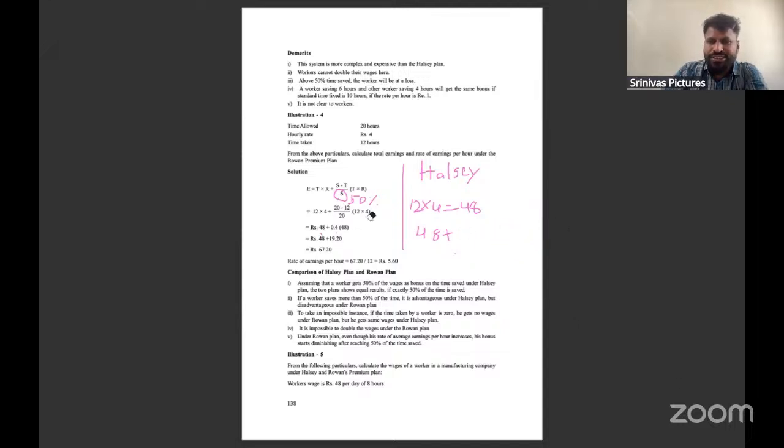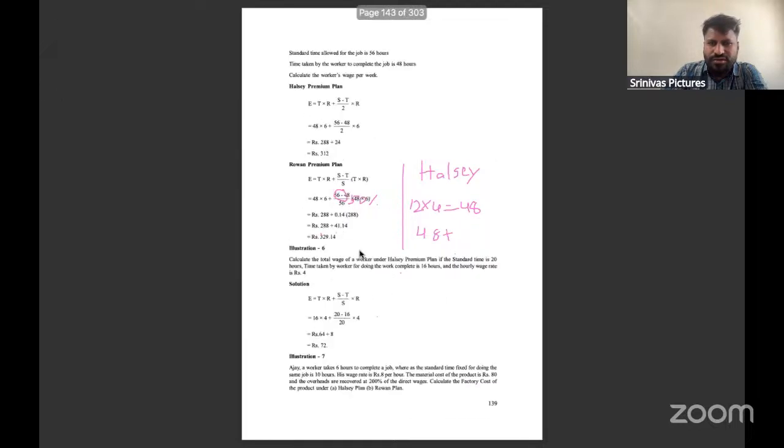So whatever amount is there, the formula is what? 50% of, yeah, here remember this. Whatever this is there, 48 is already worked, 4 hours extra.